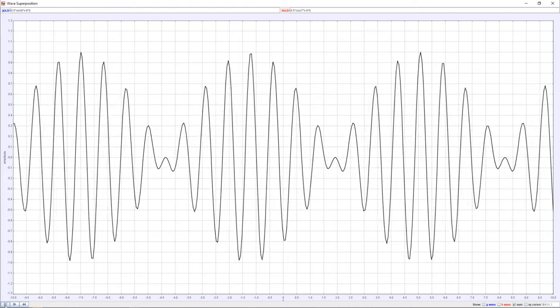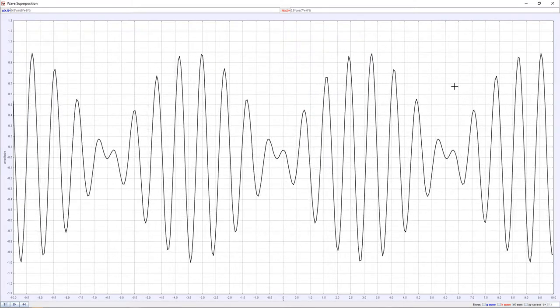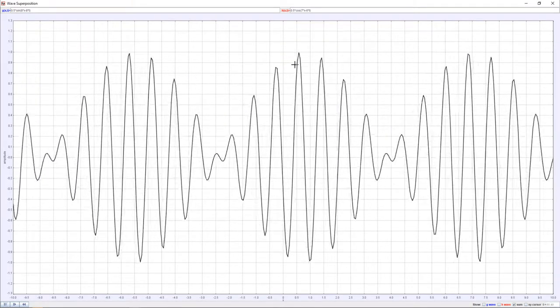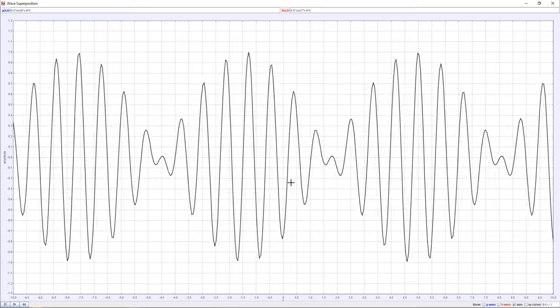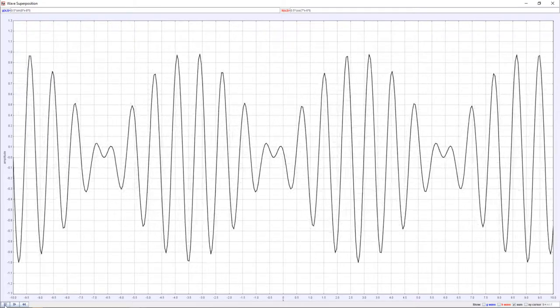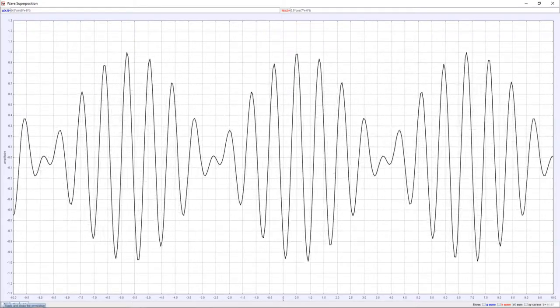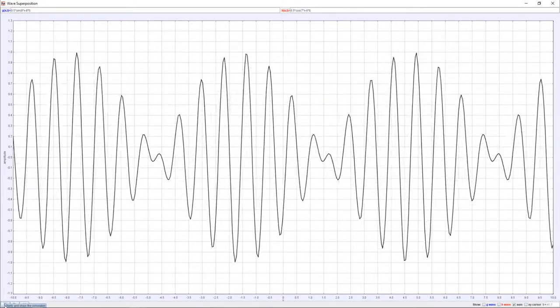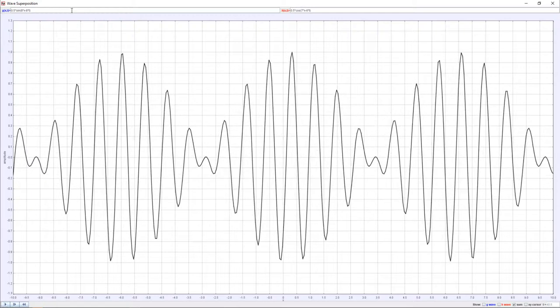We can see as we progress that the wave packets move. The wave packets have all kinds of interesting properties, but they move. And what we will state, and we can actually model it here by adding in more sine functions, is that this is just a sum of 2 sine functions.